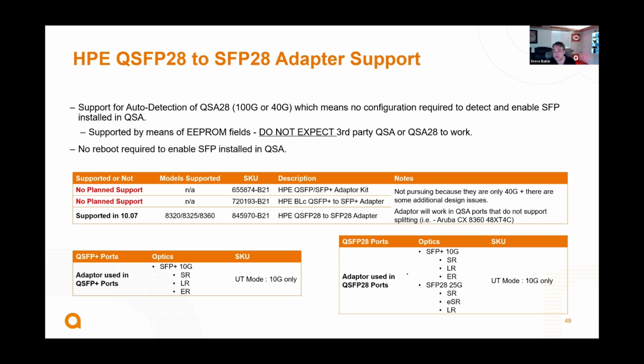But if you use this in a 100 gig port, you can support, of course, SR, LR, ER at 10 gig, but also 25 gig, so SR, LR, as well as ESR. And everything is auto-detected, so there's no configuration when you need to configure it between 100 gig or 40 gig. And of course, there's no reboot either, so that's good.